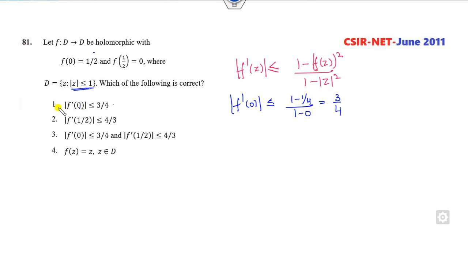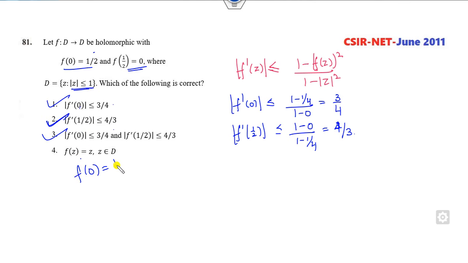Less than equal to 3 by 4 satisfied. F dash of half. This is 1 minus 1 by 4. What is the f of half? 0. So 1 minus 0 is my 4 by 3. Satisfied. These are the same. Again, this is not satisfied because f of 0 is my half, which is not 0. Moreover, this is also not satisfied.